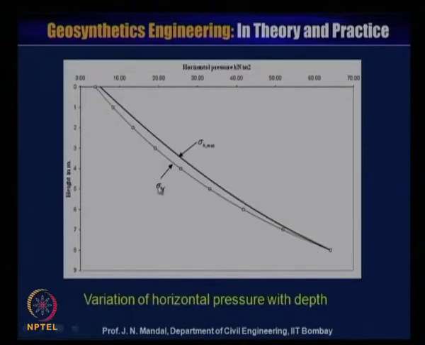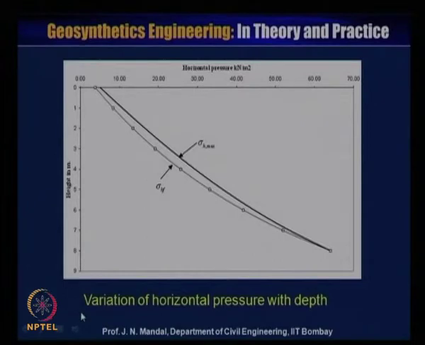This figure shows the variation of horizontal pressure with the depth. So this is 8 meter depth and this is the horizontal pressure. You can see this is the nature of the curve when sigma H is the maximum, and this is the relationship between the horizontal pressure and the height when it is at the facing, sigma HF.